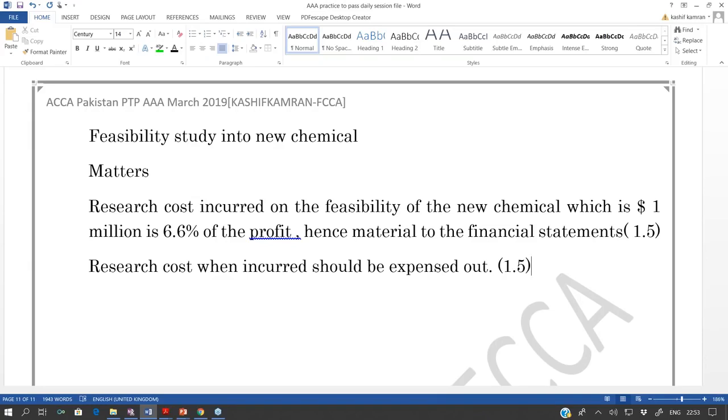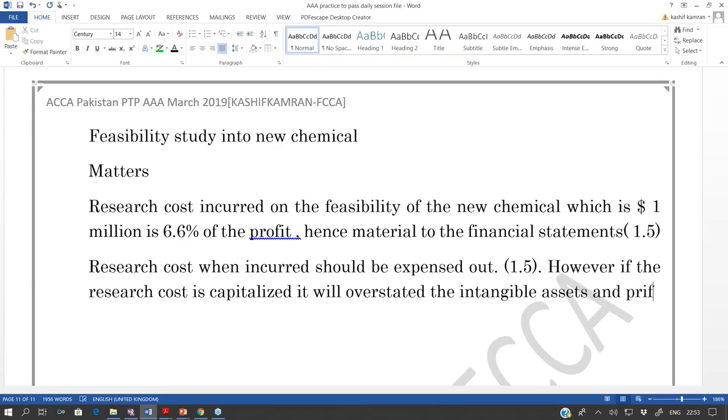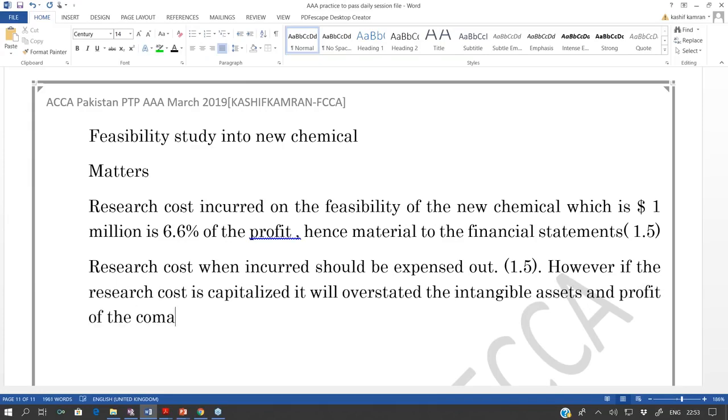And then I tell the examiner, however, if the research cost is capitalized, it will overstate the intangible assets and the profit of the company.